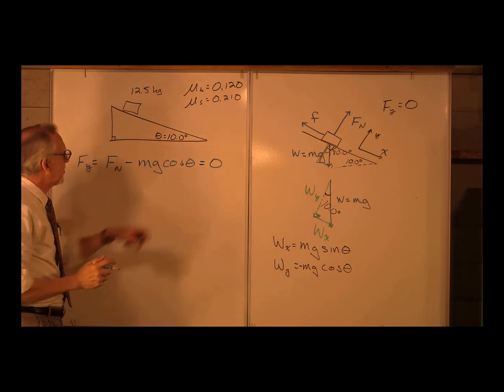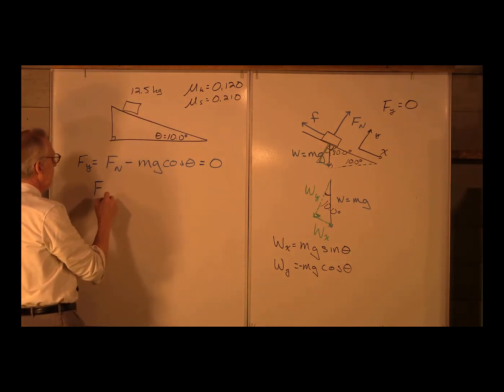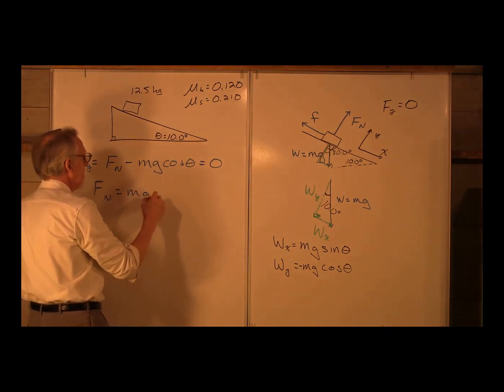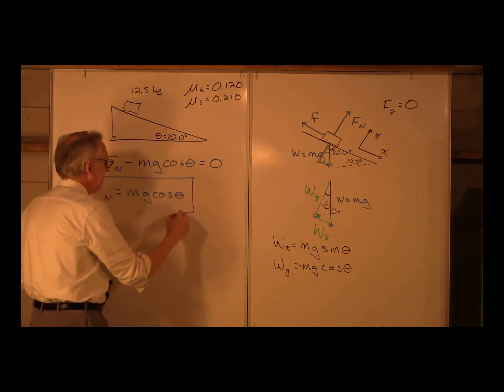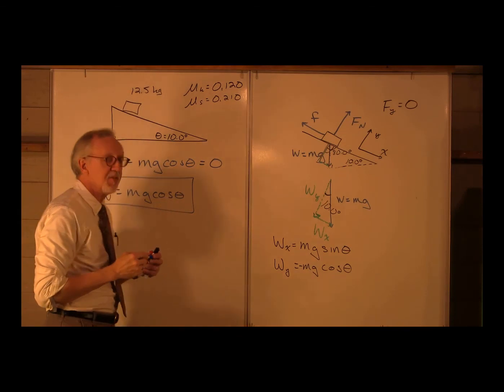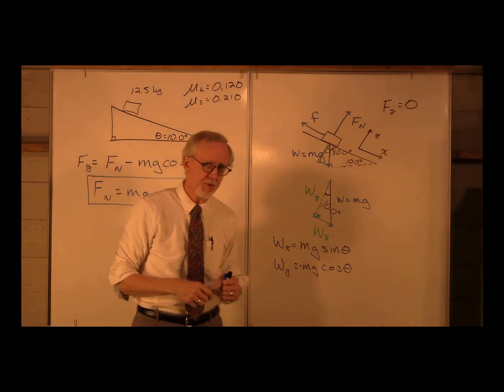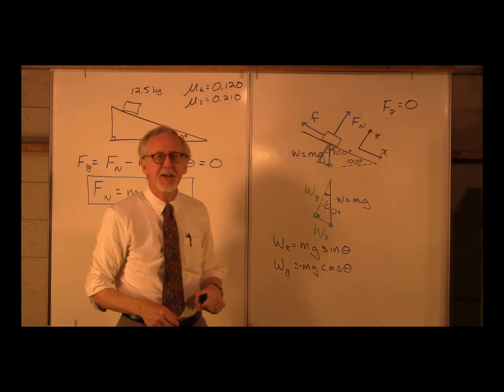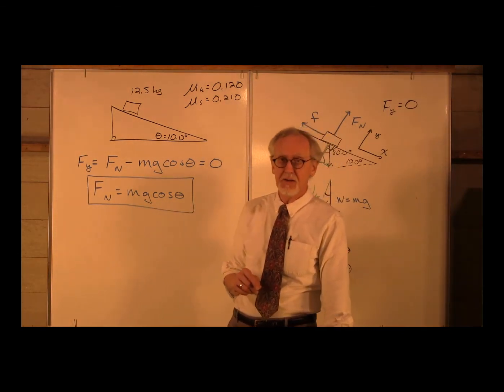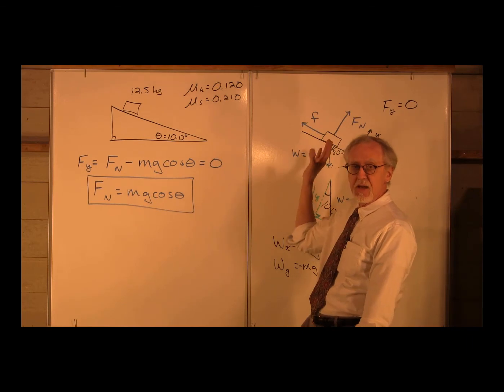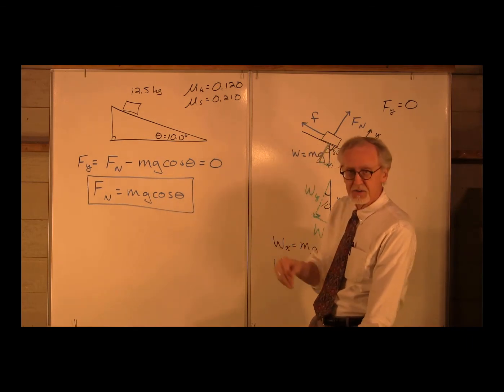Let's bring this to the other side, and what do we have? We have F sub n is equal to mg cos theta. There we go. That is something that we will see often enough that we really should probably remember that. When we have an object on an incline, the normal force is not equal to the weight, assuming there are no other forces acting on the object, pushing on it or something like that.